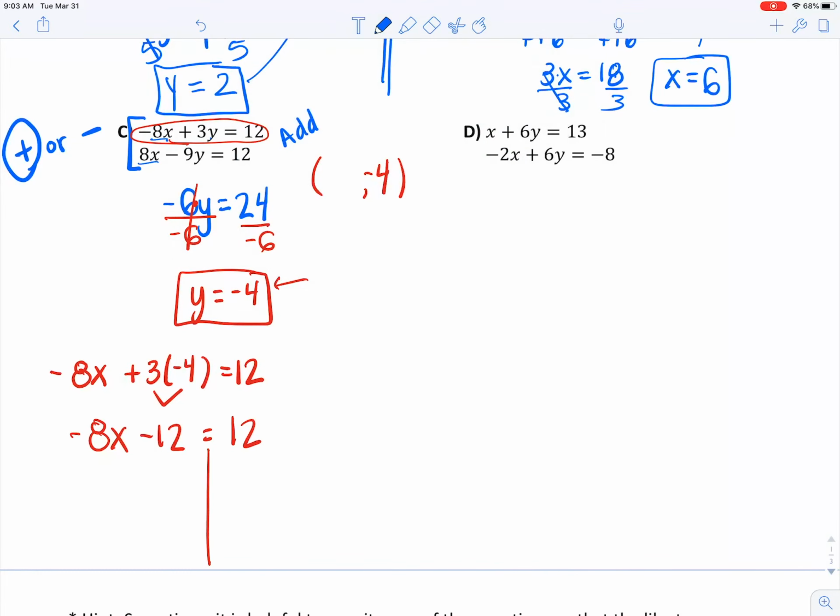Okay, and how do you undo that constant, that plain number? What's the opposite of minus 12? Plus 12. So now we have negative 8x is equal to 24.